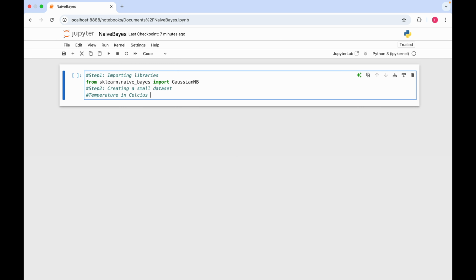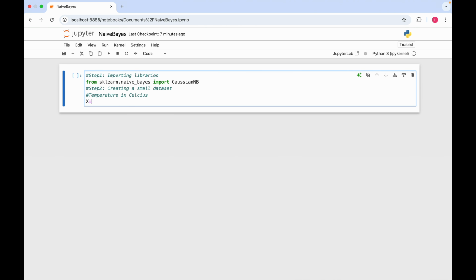Temperature is a feature, and we give X equals some values like 32, 21, 22, 25, 17, 27, and 40.